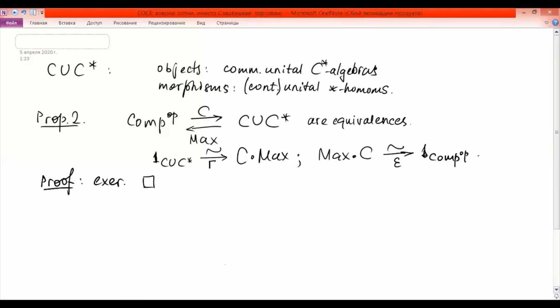In fact, many pure topological constructions, after we translate them to the dual language, have analogs for arbitrary, that is not necessarily commutative, unital C-star algebras. For example, the classical K-theory of compact spaces is completely embedded into the K-theory of C-star algebras.